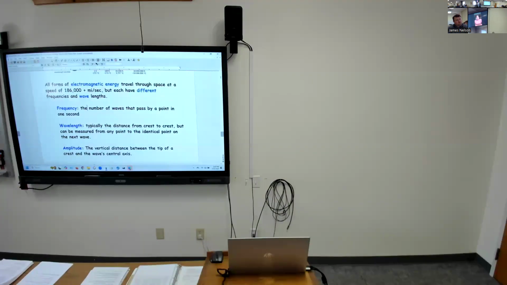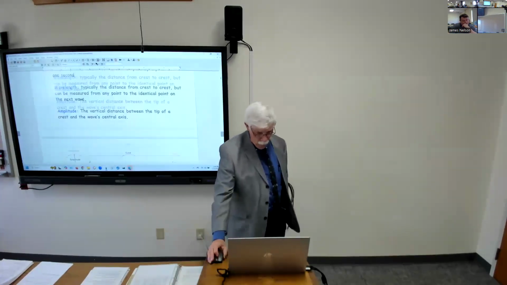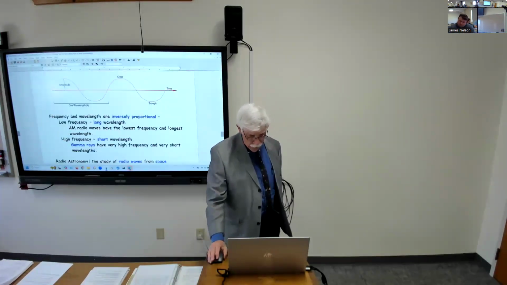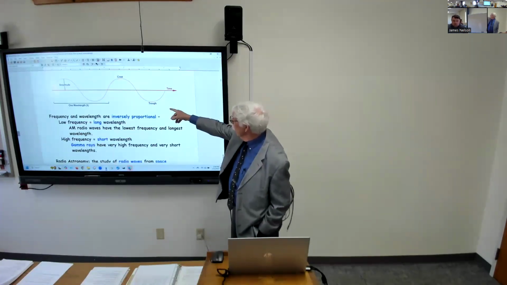So you got a central axis here. So the amplitude is like this. Central axis, if this was drawn to scale, they'd all be equal and look real nice. So, picture. That's what it is, amplitude, crest, trough.